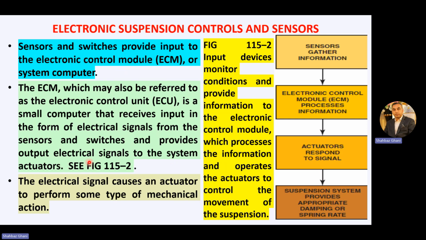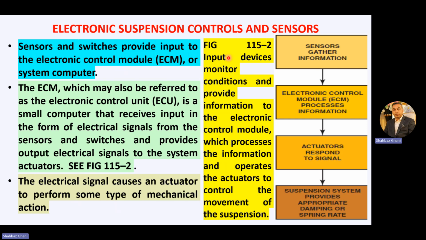As we have studied with the engine control unit, the input comes from the sensors and switches to the ECU, which amplifies the signals and then gives output to the actuators or hydraulic systems to act accordingly. The electrical signal causes an actuator to perform some type of mechanical action.